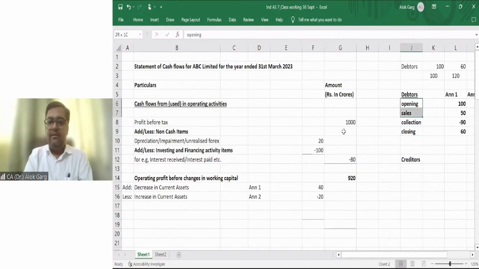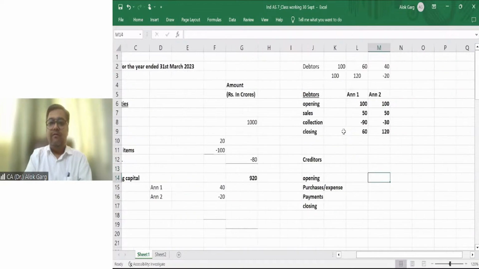Friends, again, my opening, closing. So let's say, instead of sales, what it will be? It will be purchases. Purchases or expenses, right? Creditor may supply you goods, may supply services, then payments, then closing balance.